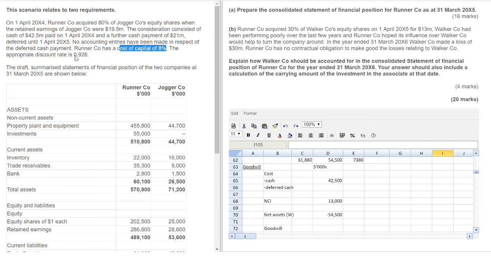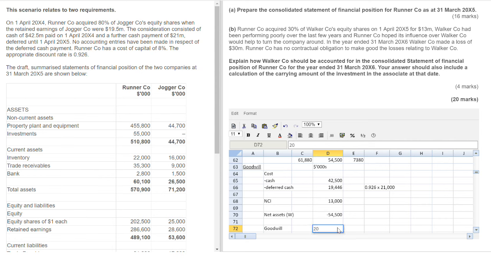They've given us the appropriate discount factor using that discount rate of 8%. So what that is going to be is the 0.926 multiplied by the 21,000. If you tap that in on your calculator, you should get 19,446. Okay, excellent.